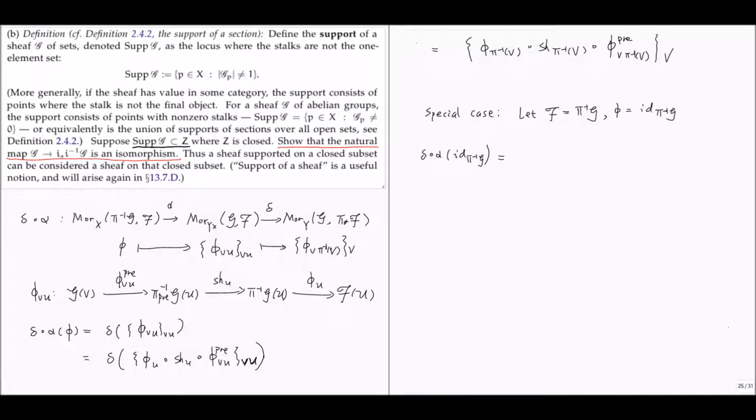In this case, we see that part will become identity. So there will be only two parts left.